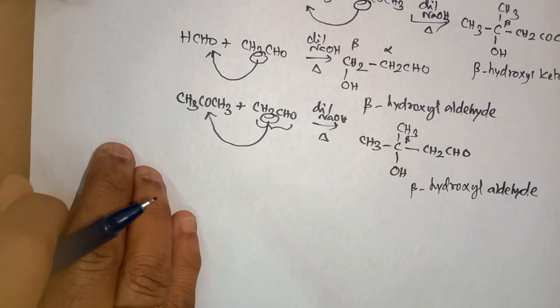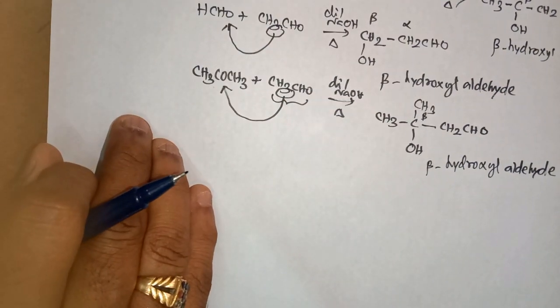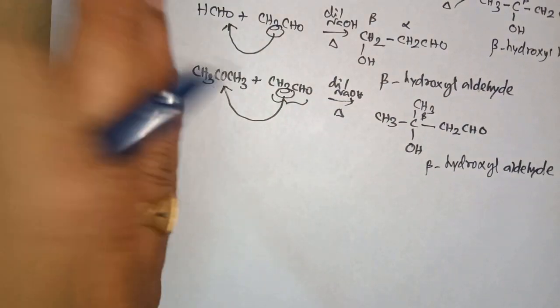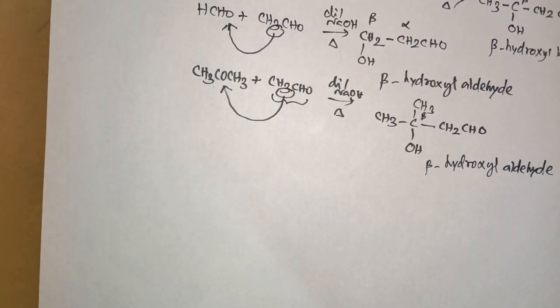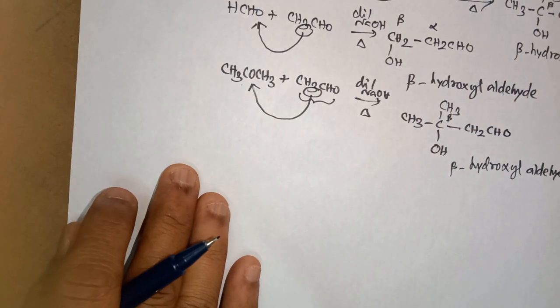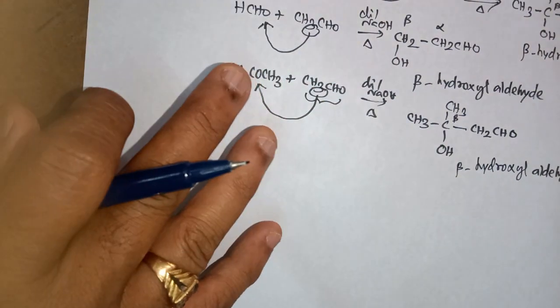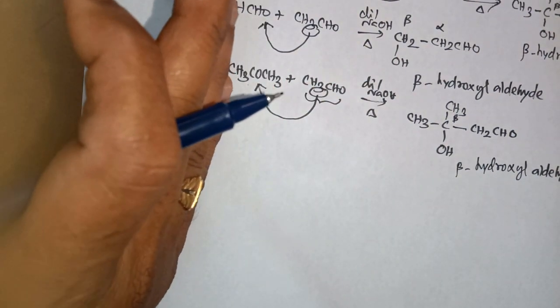So these are the two different types of aldol condensation reaction. Now I see the mechanism of a simple aldol condensation reaction. These reactions are called base catalyzed chemical reactions. What is called base catalyzed?